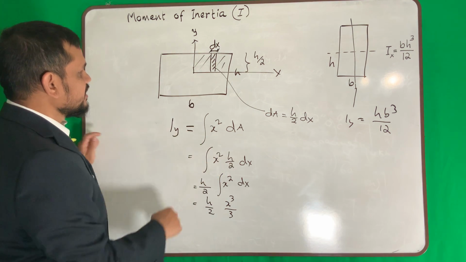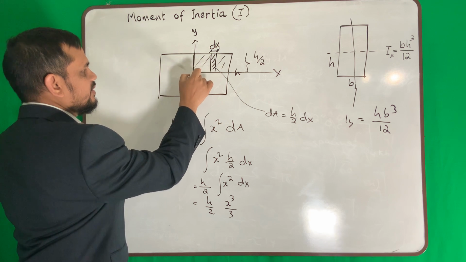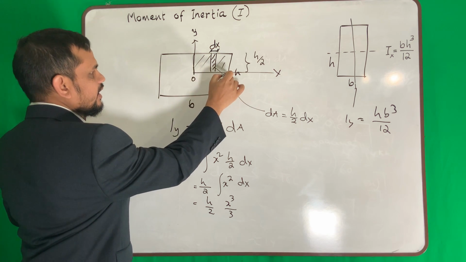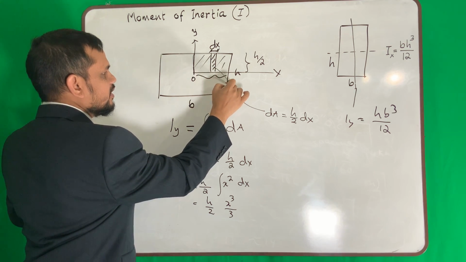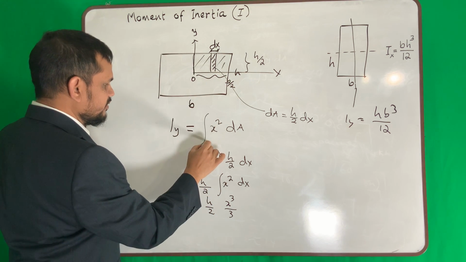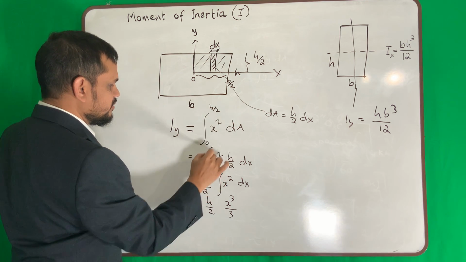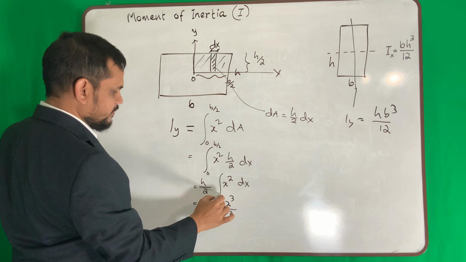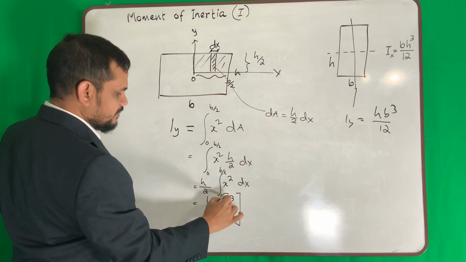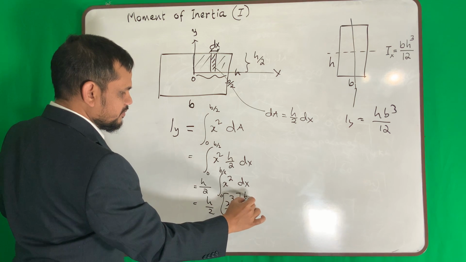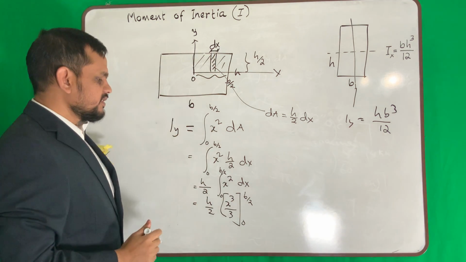Now what is the limit? We are doing about the y-axis. So this is my y-axis. So the limit will be 0 to b over 2, because we are considering only the quarter part of this rectangle.